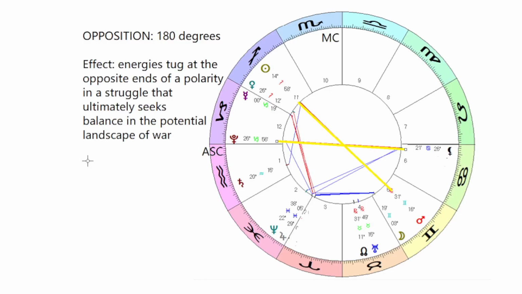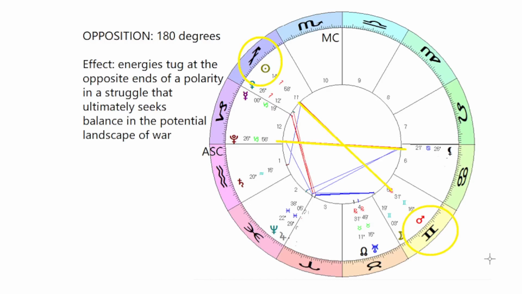So with these oppositions, generally the planets are in opposite signs of each other. You could have an out of sign opposition, but generally they're in opposing signs. In this one we have Gemini opposing Sagittarius. So this person's Sun sign in Sagittarius is in opposition with Mars in Gemini.